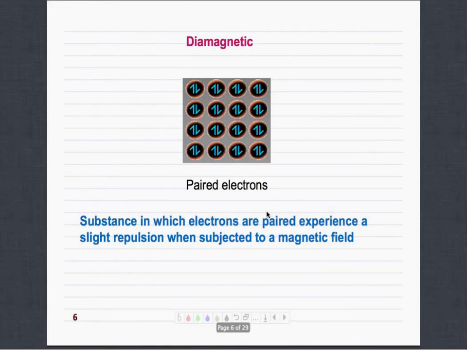So paramagnetic, attracted by the magnet, diamagnetic, repelled by the magnet. Okay? And you need to know those two definitions and what exactly that means according to the magnetic property of the material. I'm going to show you two examples of a diamagnetic and paramagnetic material.